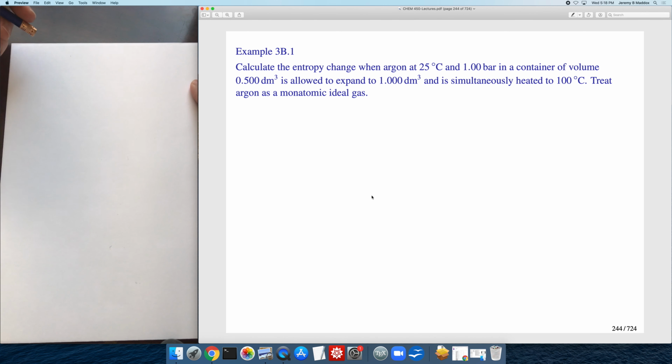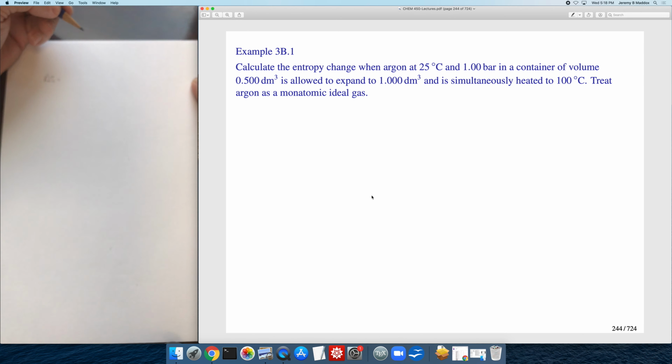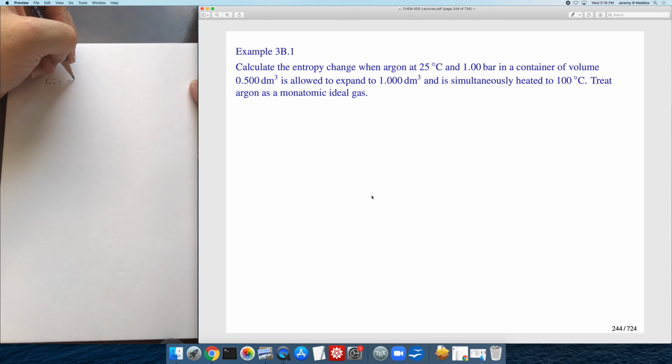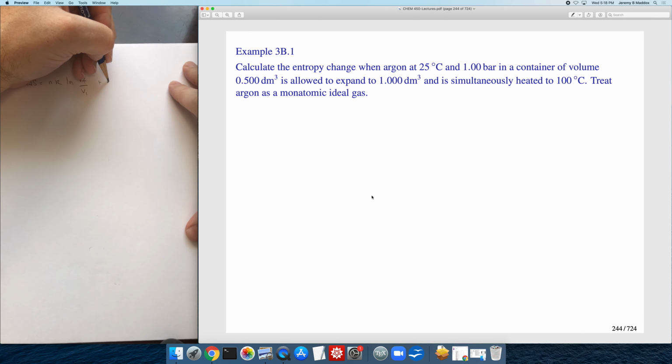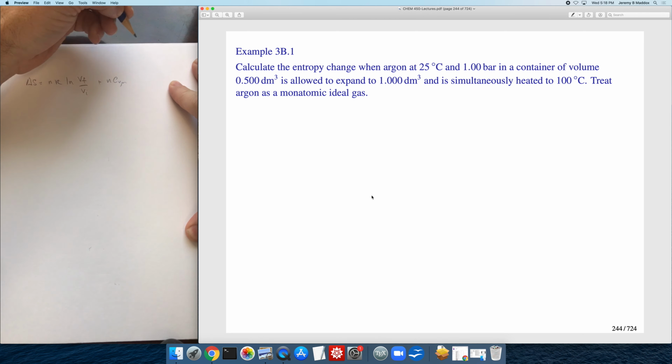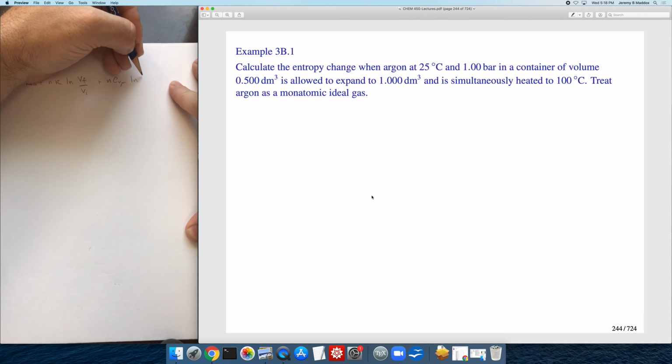And so the two terms just simply add together. So we'll have one term for the volume change, and then a second term, which will be nCV,m natural log of Tf over Ti.